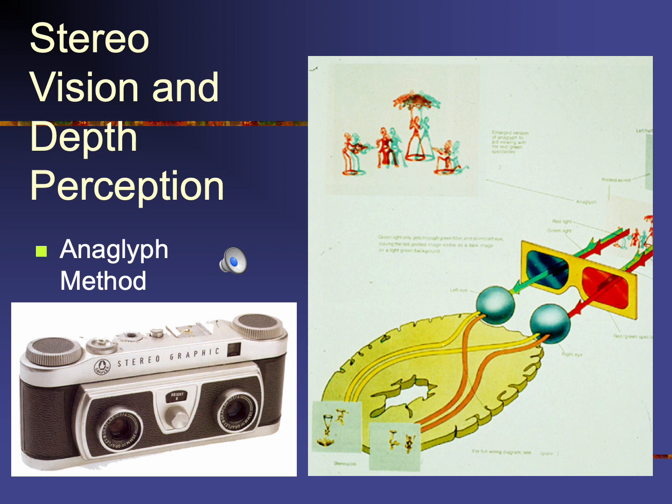That is the red part of the figure at the top there. The image that's going to go in the right eye is printed as cyan, that bluish-green color. Now, if you look at the glasses, they're not configured that way. The cyan lens is on the left eye, and the red lens is on the right eye.